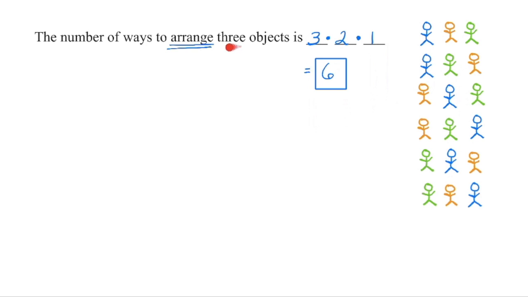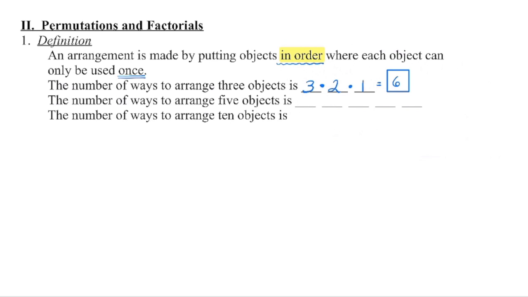Let's say I now have 5 different chairs and 5 objects or people to arrange into those spots. I have 5 different possibilities as to who or what can go into that first position. And then once, for example, a person sits down, I now have only 4 possibilities left for who or what can go into that next position.